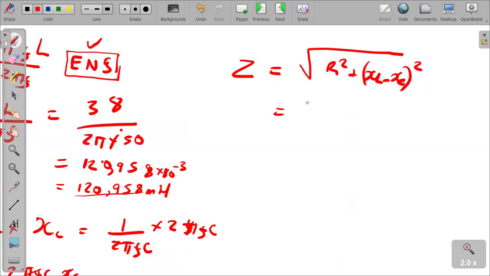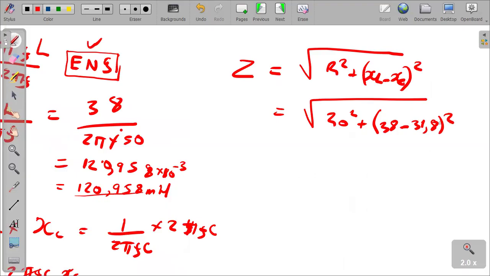So we can just directly substitute what we have, the square root of 20 squared plus bracket XL 38 minus 31.8 squared. And what do we get?